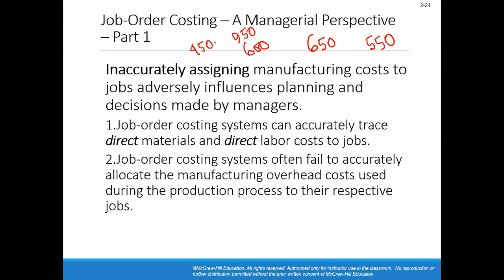You see, this pricing decision is very critical. Why is it critical? Because if they cannot do the costing properly, they will not be able to come up with a precise pricing. So for that purpose, job order costing is very crucial.